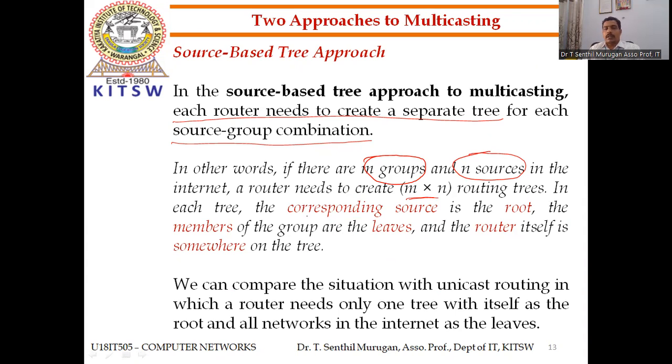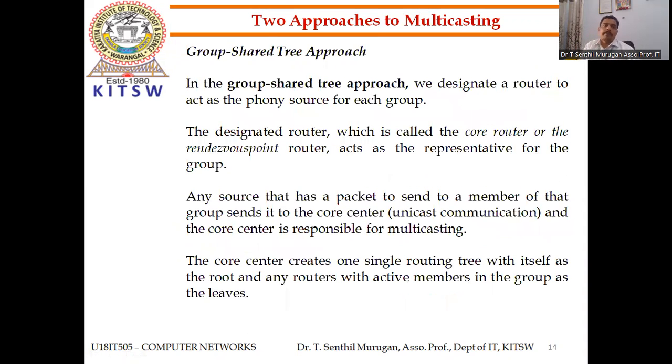In this tree, the corresponding source is the root of the tree, and the remaining members of the groups are leaves. Whoever is the source will be considered as the root. Then the router itself is somewhere on the tree. Okay. This is the source based tree approach.